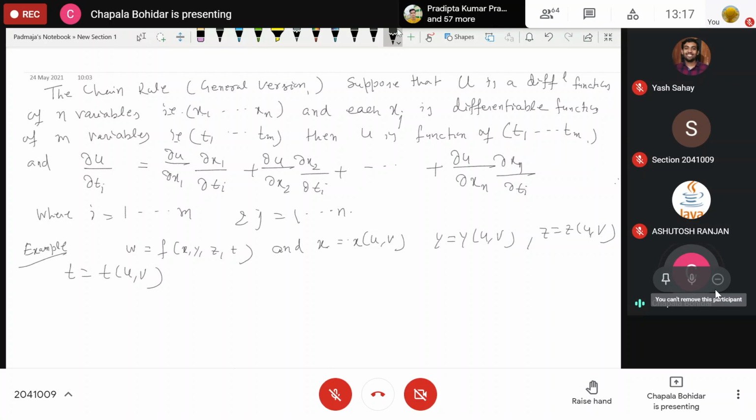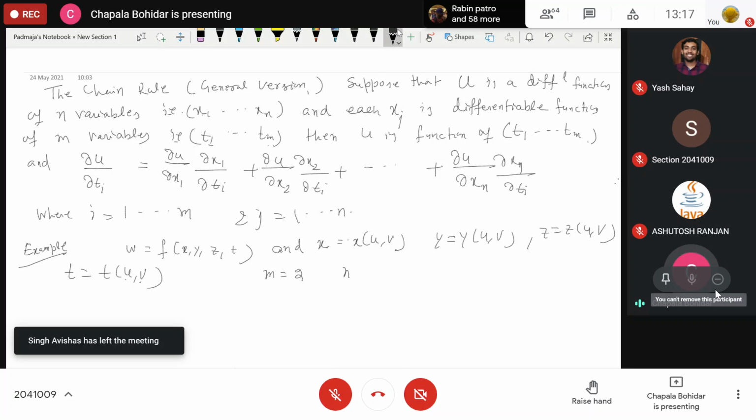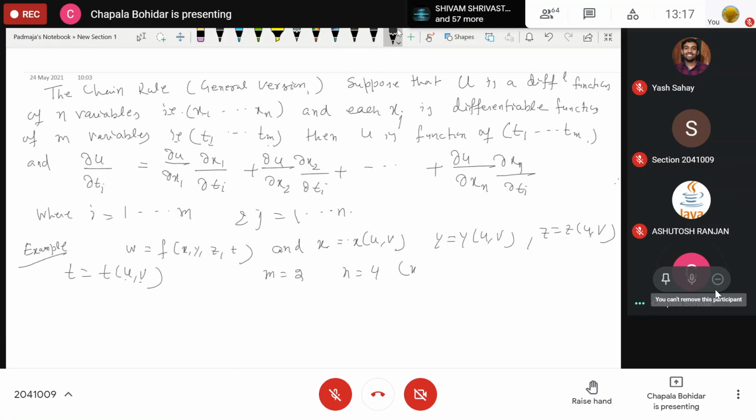So w is a function of two variables, that is u and v. Here m is equal to 2 only, u and v, and n is equal to 4, that is x, y, z, t. So we have to find out del w by del u and del w by del v.